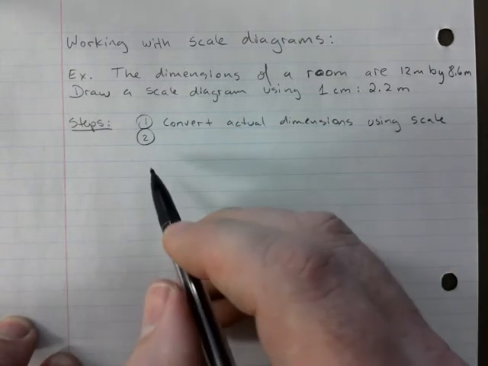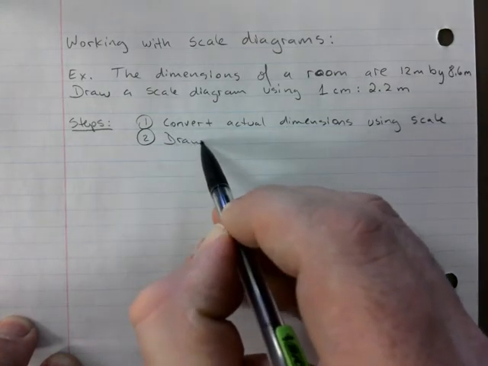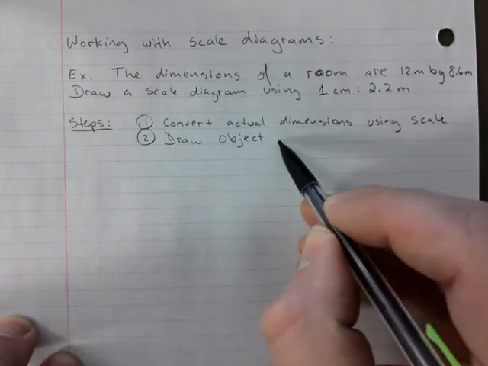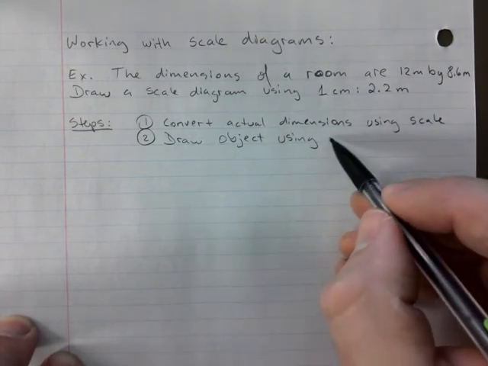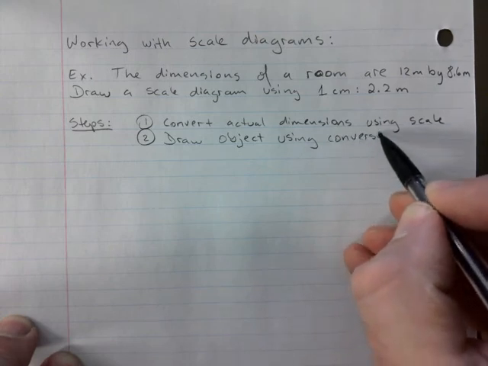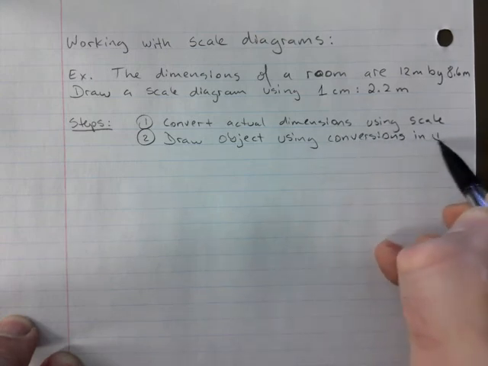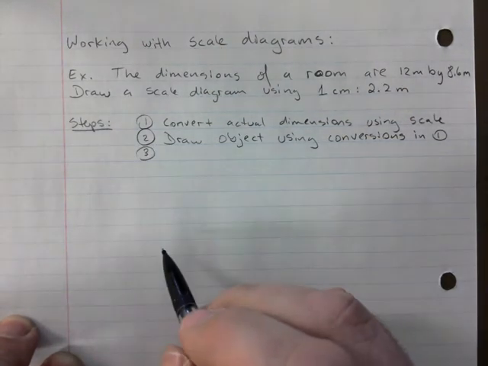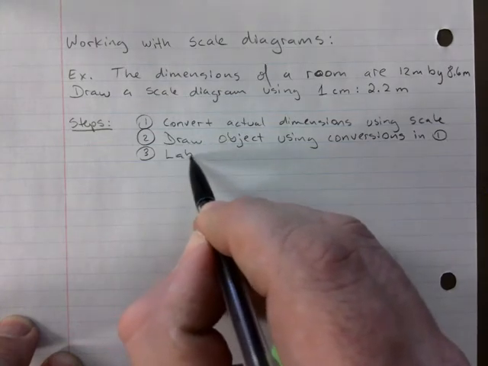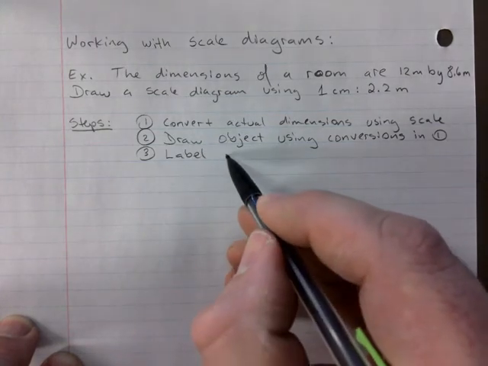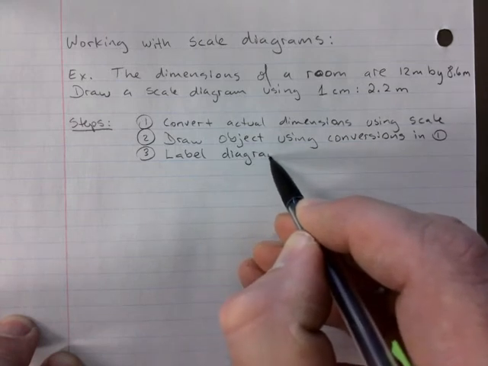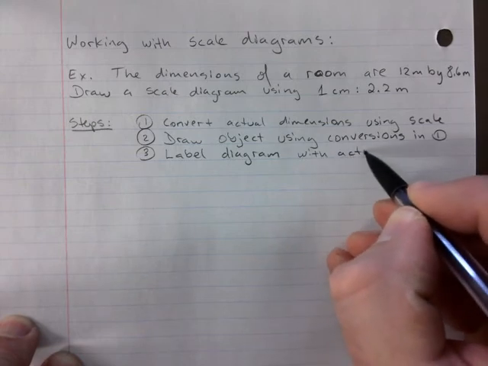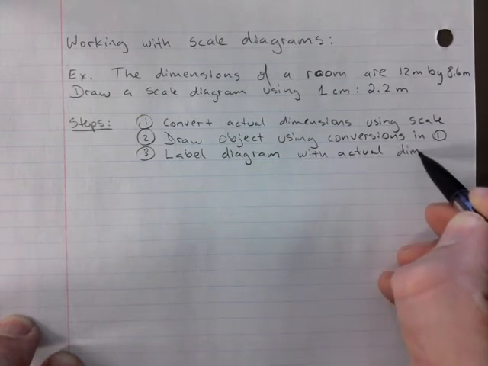Step 2: draw object using conversions in step 1. Step 3: label diagram with actual dimensions.